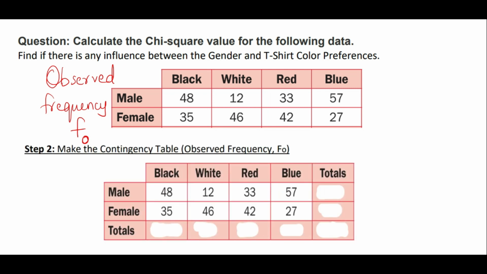Now as step 2, we are going to make the contingency table from the observed frequency. It's nothing difficult, you just add an extra column next to the columns that you already have, and add an extra row below the given rows just to enter the total of each row and column.